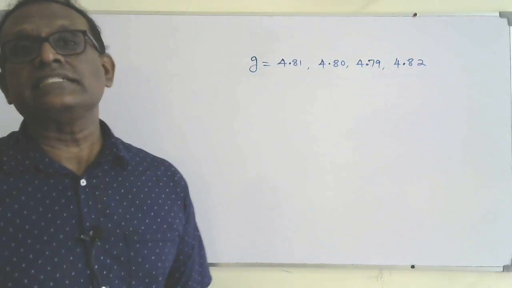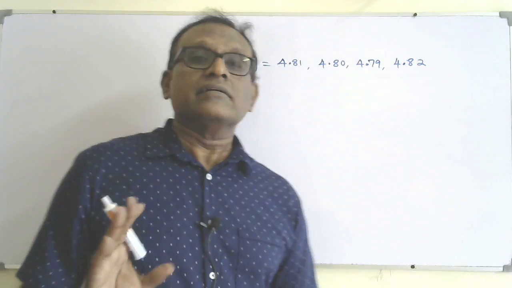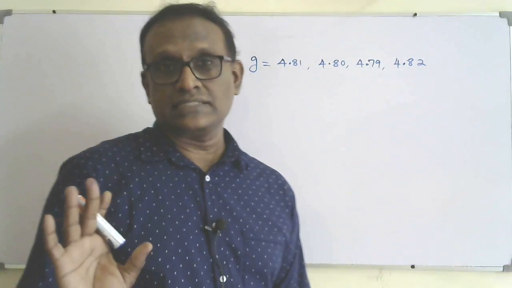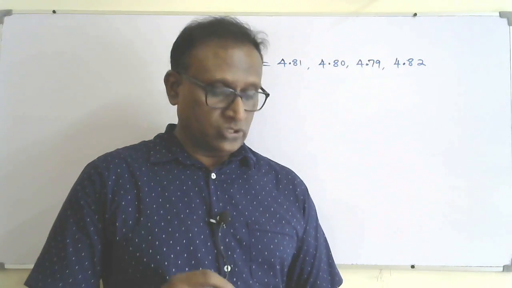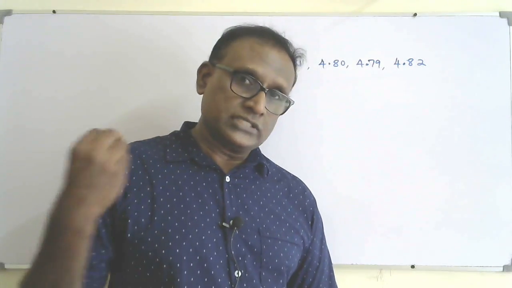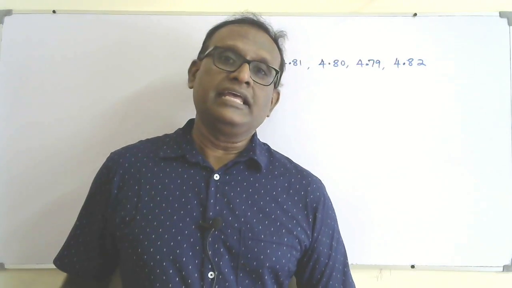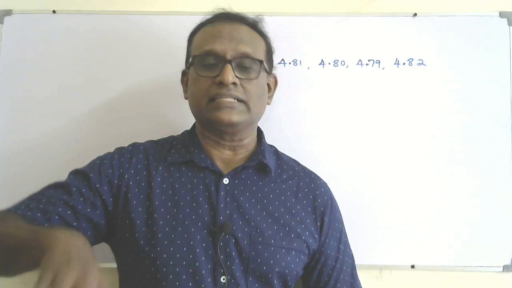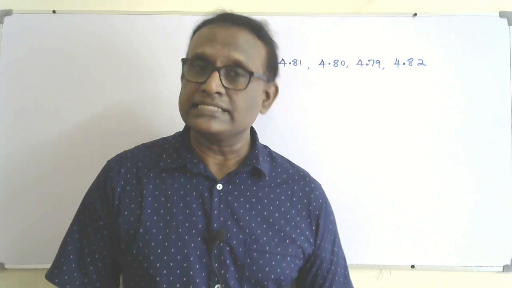No, we know that g is 9.8, so they are not accurate. Maybe a systematic error is there. So accurate means the measurements are closer to the actual value. If the repeated measurements are closer to each other, we say precise. But precise does not mean it is accurate.